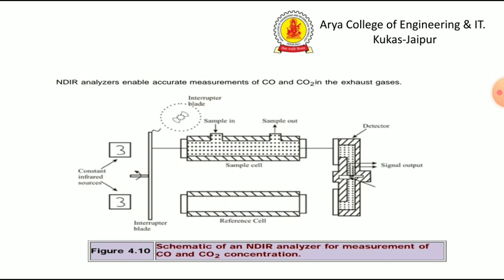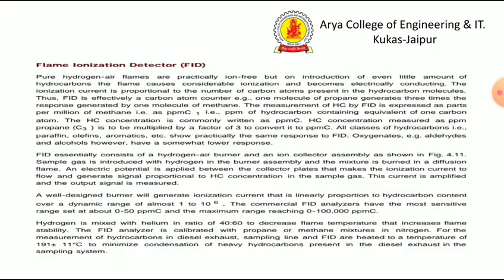A rotating interrupter in the path of the infrared beam is put to generate an AC signal output that can be amplified. So by this we can find out the actual amount of CO and CO2 in an exhaust gas.